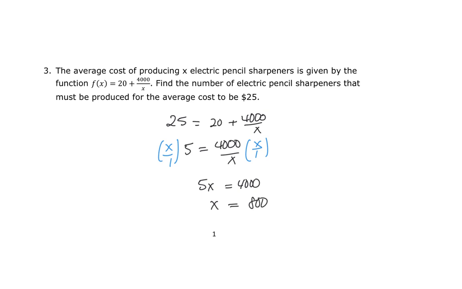So I need to make 800 pencil sharpeners to have an average cost of $25. And the reason I knew that is because x is the number of pencil sharpeners, and f of x is the cost. Since I want the cost to be 25, I set the function equal to 25 and I solved.